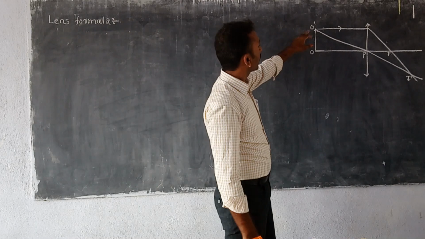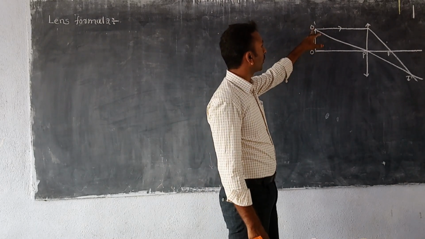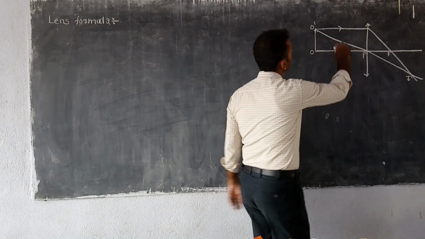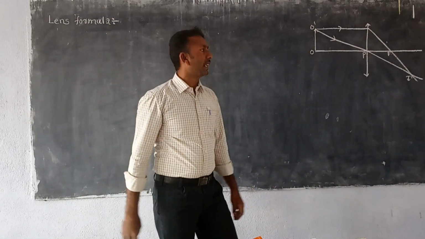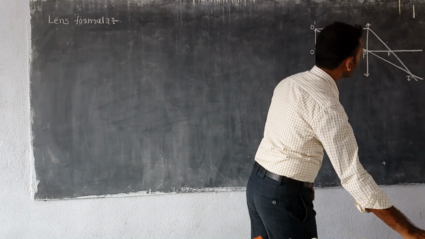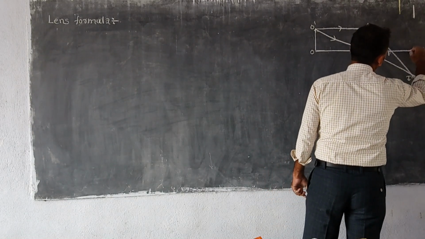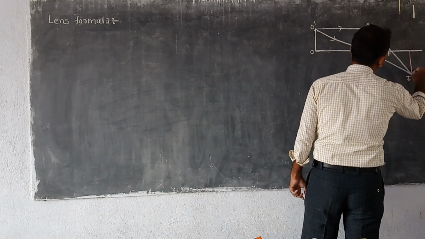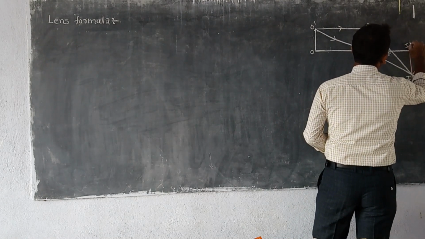From point O dash, two light rays are going: one parallel to the principal axis, and the second through the center of the lens. If you draw a normal line from the principal axis to the intersecting point, this will be the size of the image I dash.